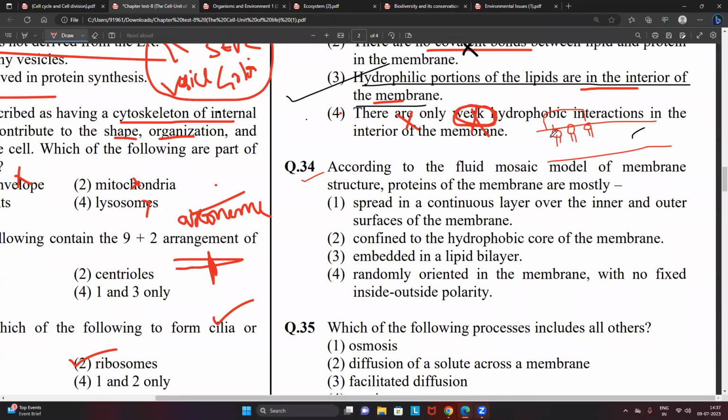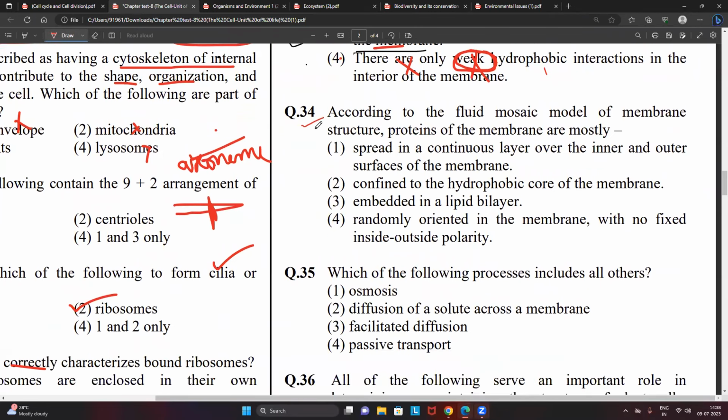If lipid number 1 comes to the layer below, this place, this is called flip-flop movement. This is called lateral, this is called flip-flop. But in both movements, there is an interaction with the interior part of the membrane. That is the common point.